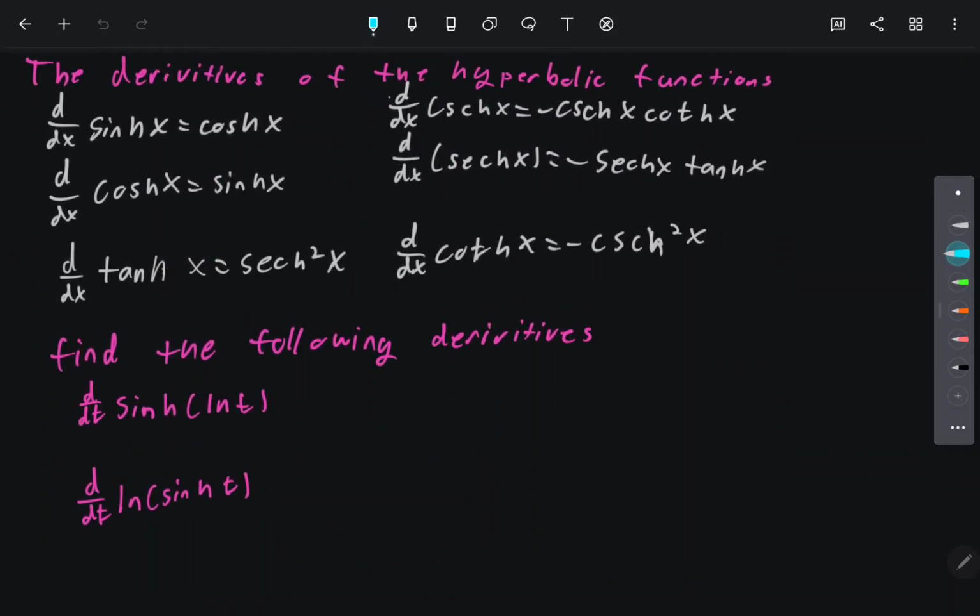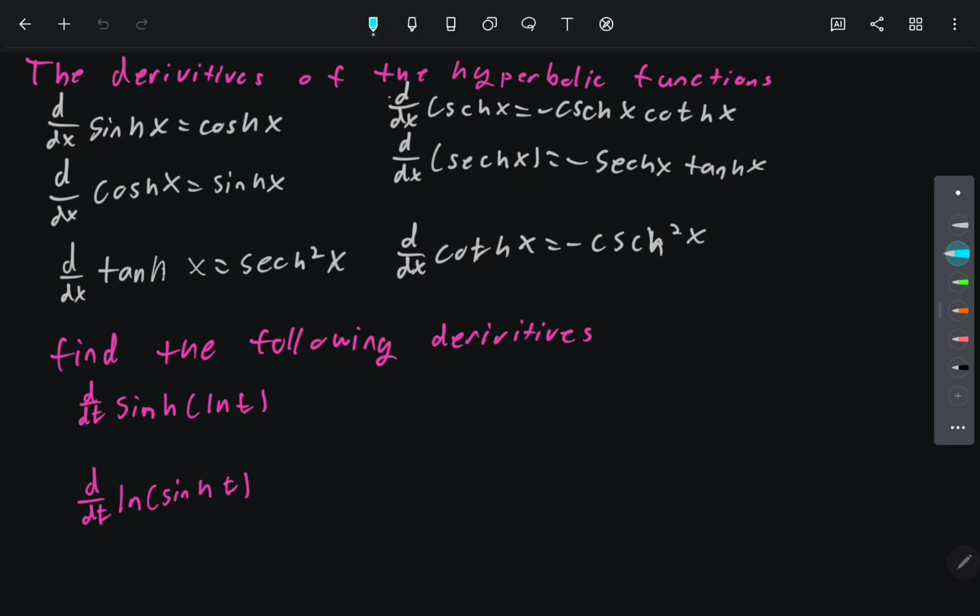So next up, we have some derivatives of these hyperbolic trig functions. The derivative of the hyperbolic sine of x is hyperbolic cosine of x. The derivative of the hyperbolic cosine of x is the hyperbolic sine of x. The derivative of the hyperbolic tangent is the hyperbolic secant squared of x.